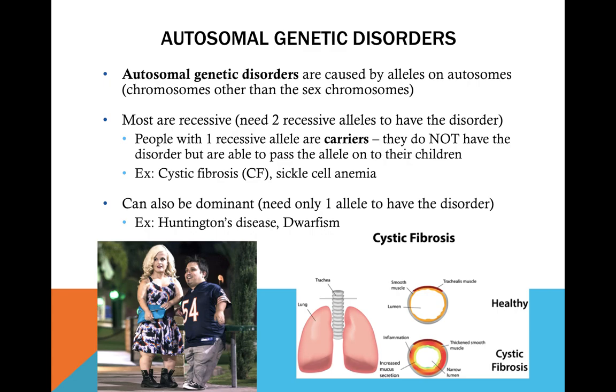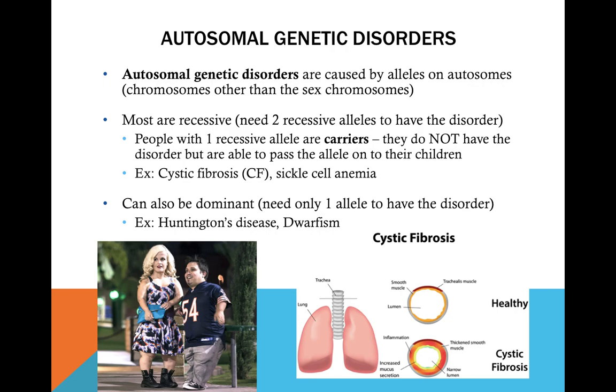Most genetic disorders are recessive, which means you need two of the recessive alleles in order to show that disorder. Some people have just one recessive allele, so they are heterozygous, with one dominant and one recessive, and those people are called carriers. Even though they don't have the disorder, they can still pass it on to their children.